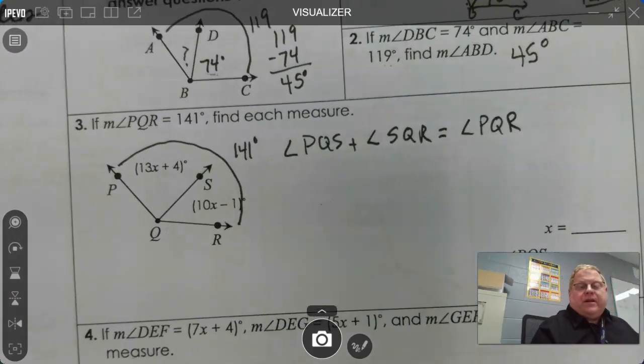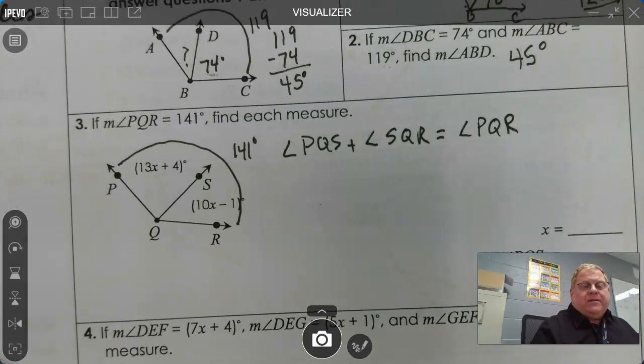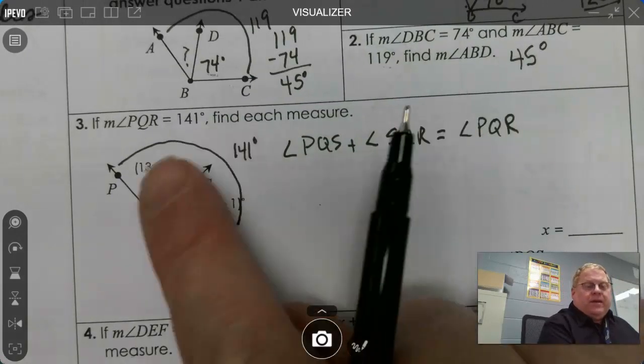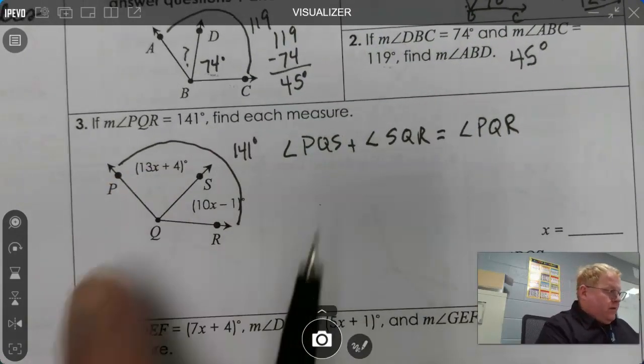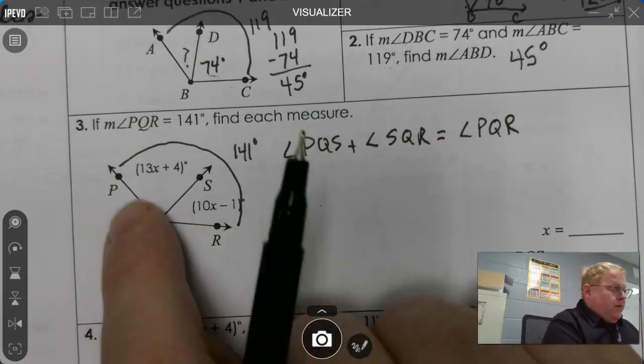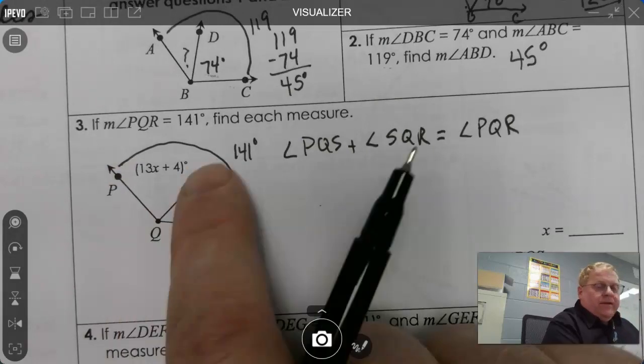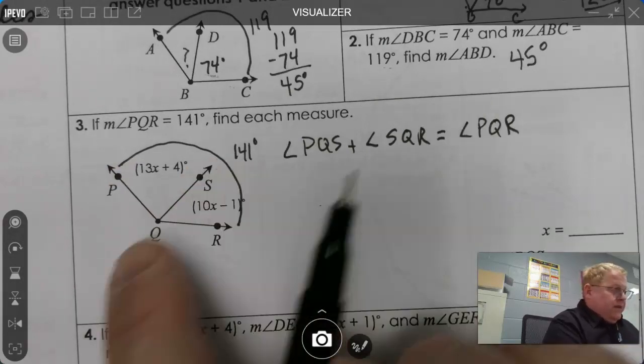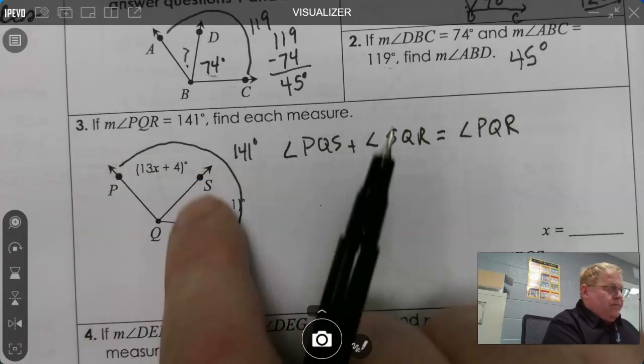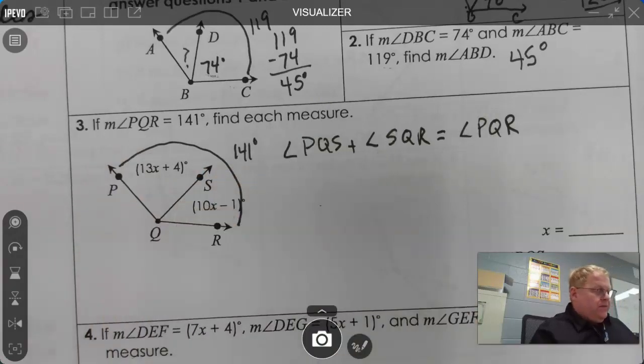Just like we did with line segments, we're going to do the same thing with angles. PQS is this angle right here. SQR is the smaller angle here. And we're saying it's equal to the whole thing, this whole thing here.